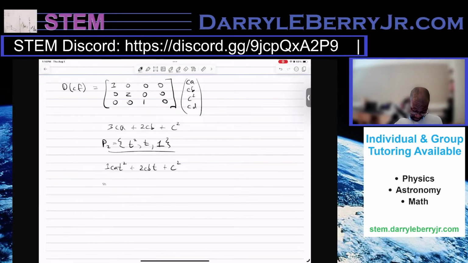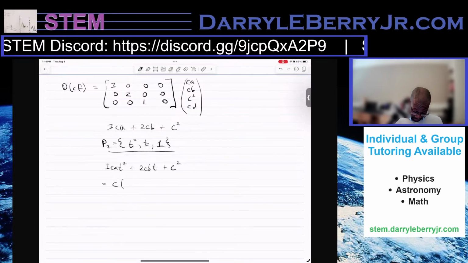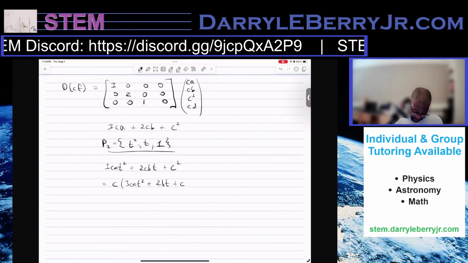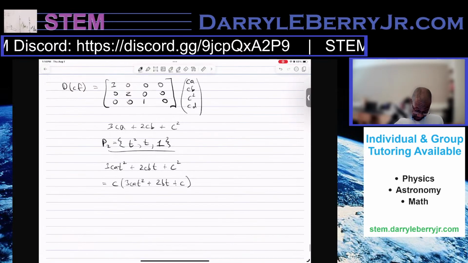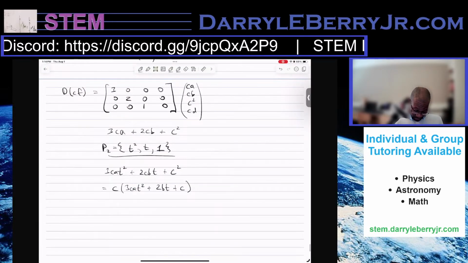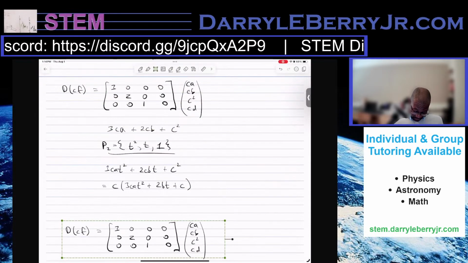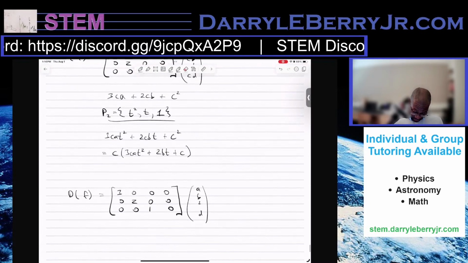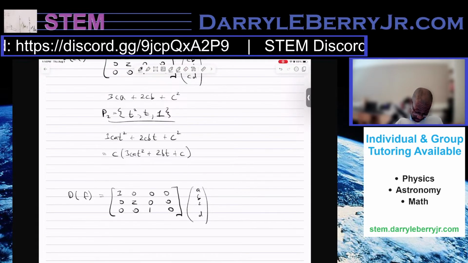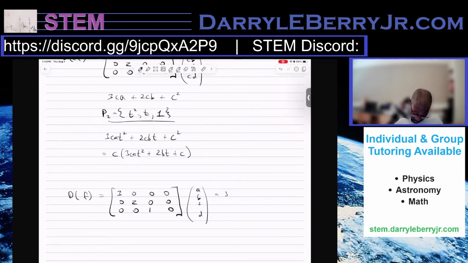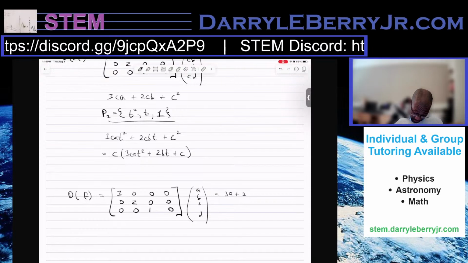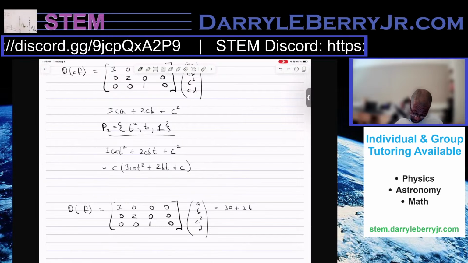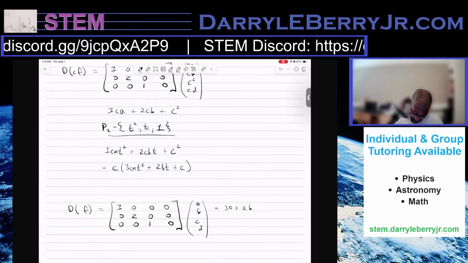And I can factor this out and say C times 3AT squared plus 2BT plus C. And if I take just the transformation without the C, all we have to do is just delete the C. And we know from our matrix multiplication a moment ago that it will give us the same thing: 3A plus 2B plus C.